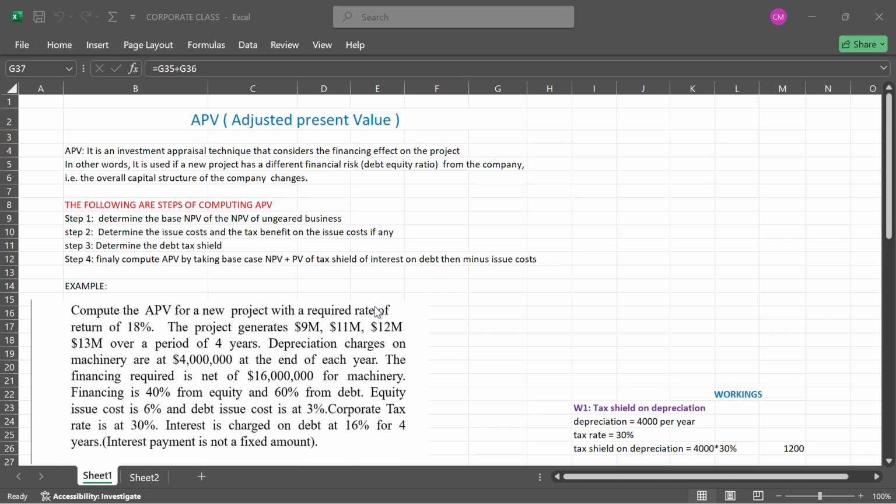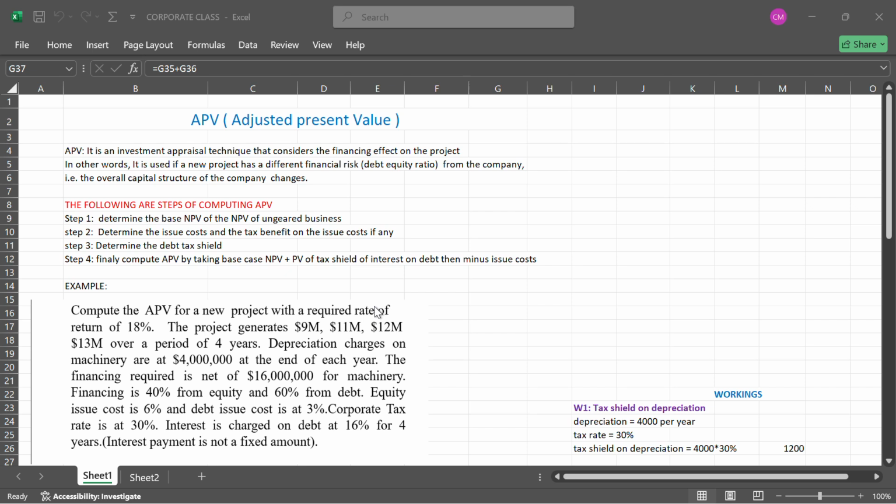So thirdly, you determine the debt tax shield. To get this debt tax shield, first you compute the interest payable on the debt taken. Understandably, you take the gross loan amount, then you multiply by the interest rate, and then that interest must be multiplied by the tax rate so that you can get the tax shield.